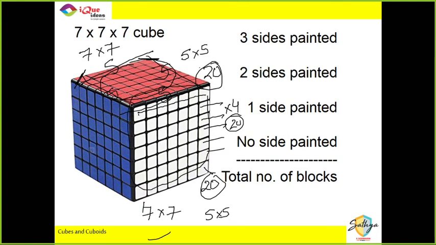You eliminate top and bottom, so that becomes 5. You eliminate left side and right side, that also becomes 5. So each face will have 5 by 5, 25, total 6 faces, so 150.